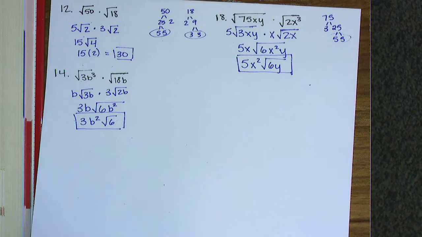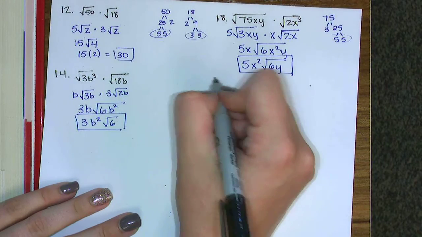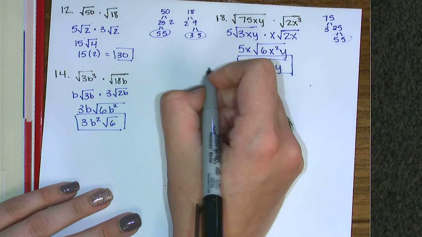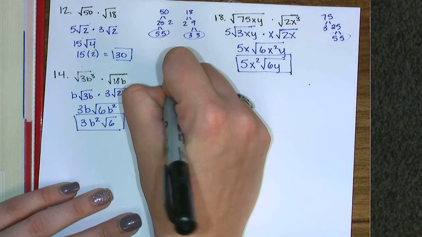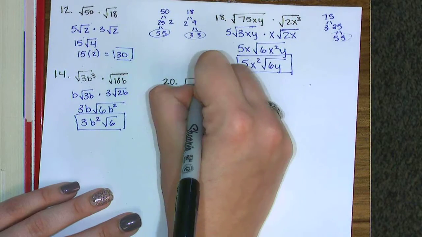Now, okay, the other kind are the ones like the bottom row, 19 through 22. Okay, they're fractions. So with these ones, here, let's see, 20 is the square root of 7 over 81.